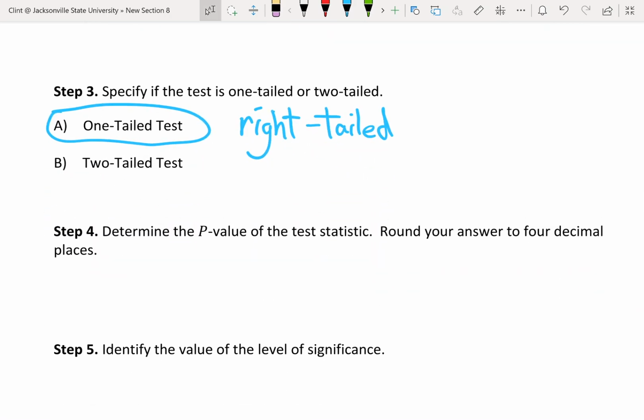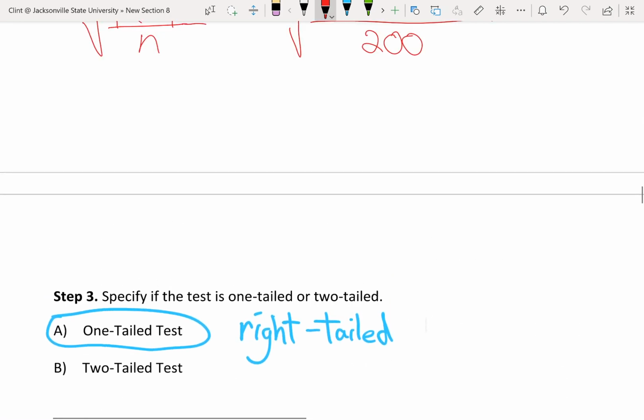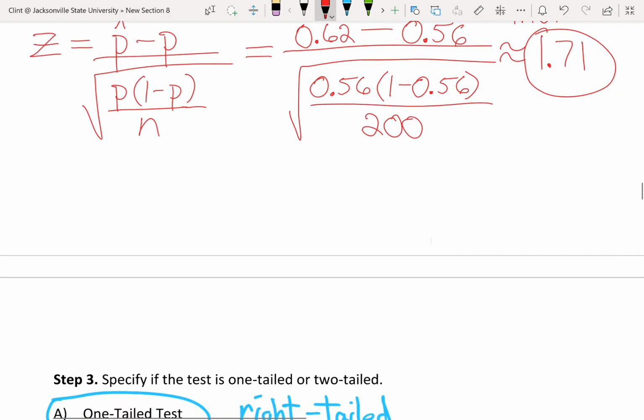Step 4 wants the p-value. Since it's right-tailed, we want the area to the right of our test statistic. Our test statistic was 1.71.